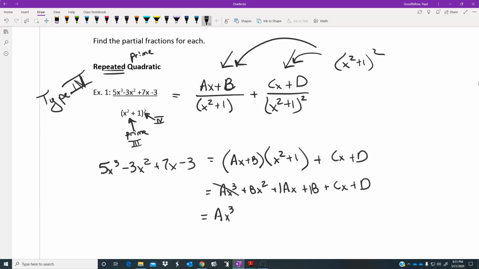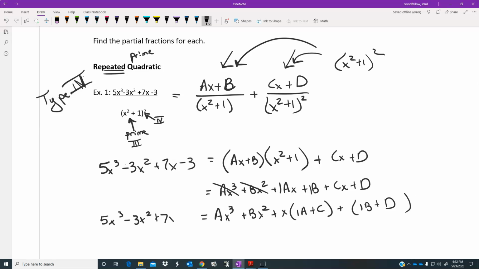Sometimes I cross these out as I find them. Plus bx squared. There's only one of those kind. The x's would be associated with 1a plus c. And then the constants would be associated with 1b plus d. And all of those things are equivalent to everything that's on the other side from the left.